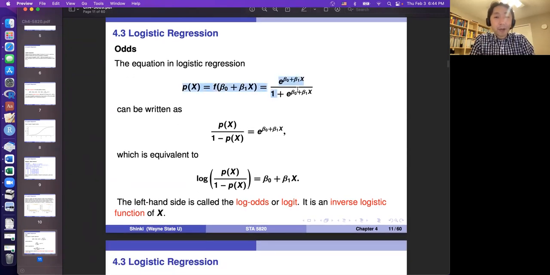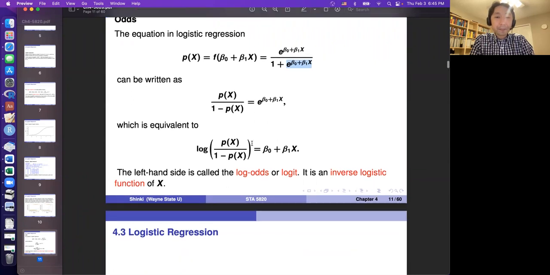So we transform this. We can multiply the denominator on both sides. Then we move this times p of x to the right-hand side and divide by 1 minus p of x. Then we can get this. This is the odds. p of x is the probability of y equal to 1, so this is a kind of success probability.